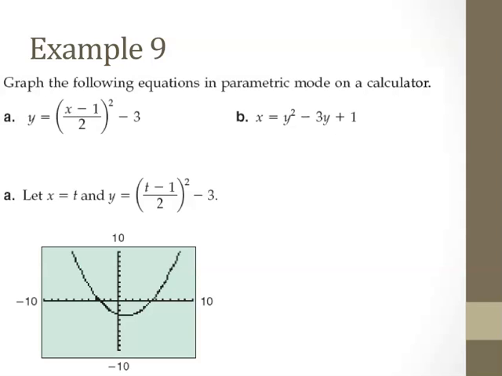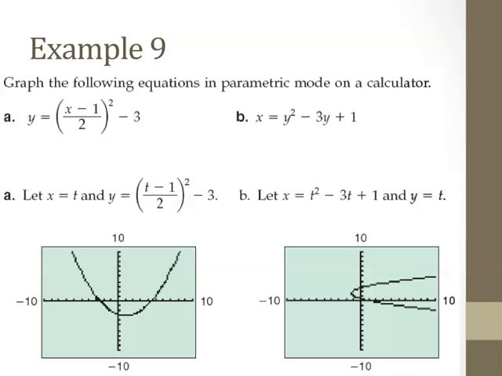So this time you set y equal to t, and then you set x equal to t squared minus 3t plus 1. Then when you graph this, you'll end up with a sideways parabola, and this is something that you would not be able to graph if you were in function mode, because we know that this is not a function. And so now you can see how using parametric mode is helpful in order to be able to actually look at the graph.